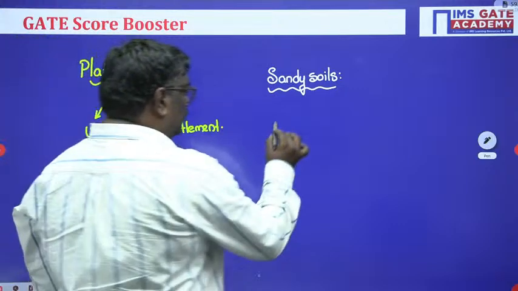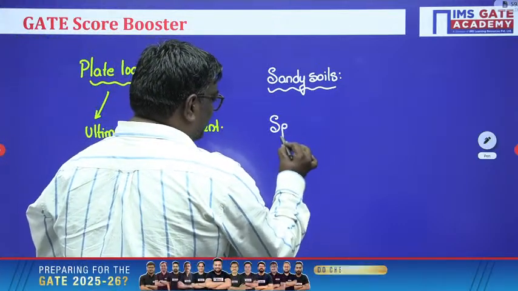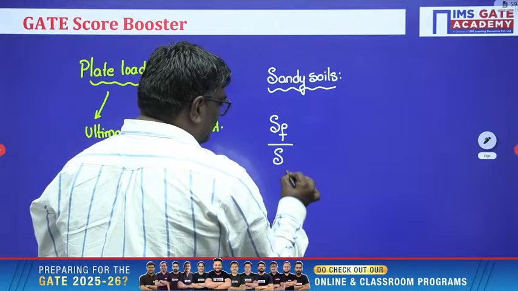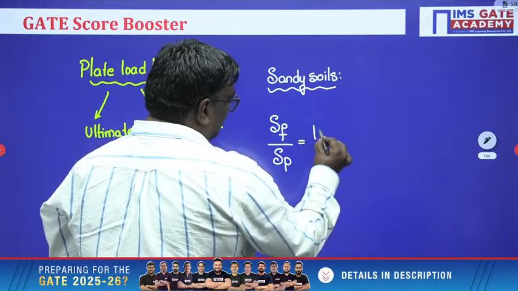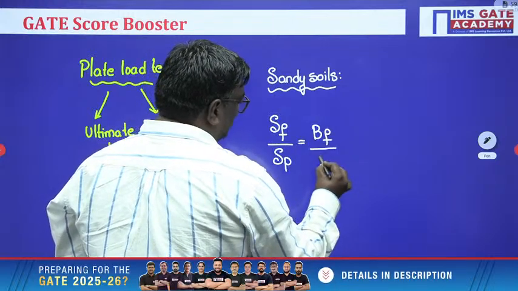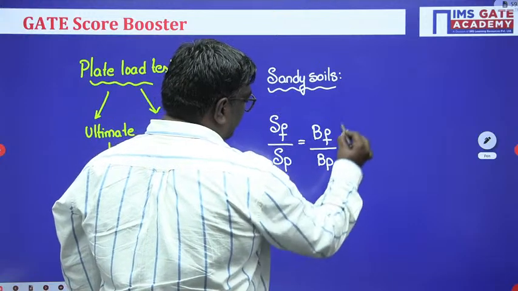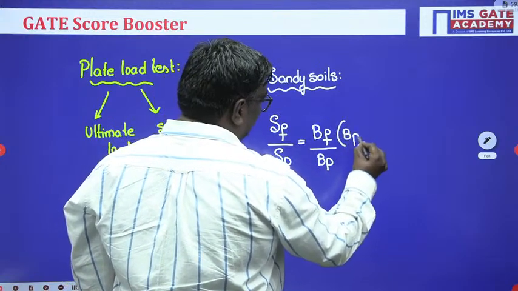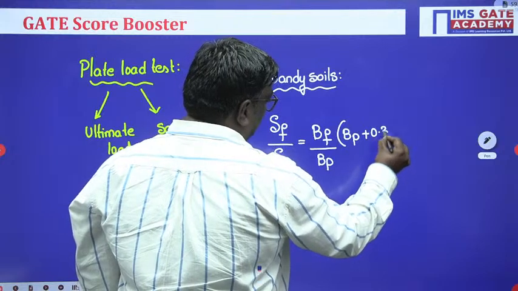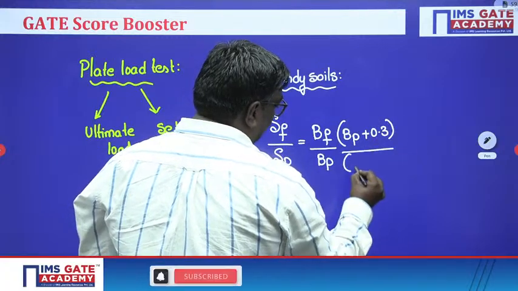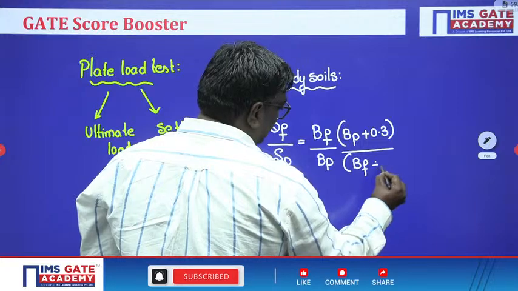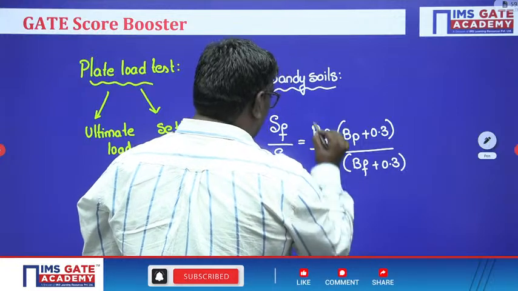SF by SP is equal to breadth of the foundation upon breadth of the plate into breadth of the plate plus 0.3 upon breadth of the foundation plus 0.3, whole square.